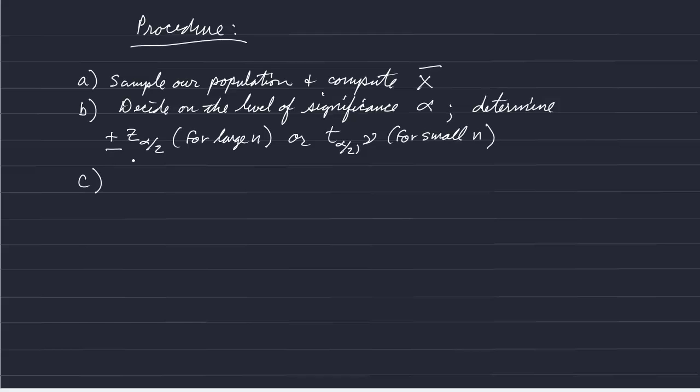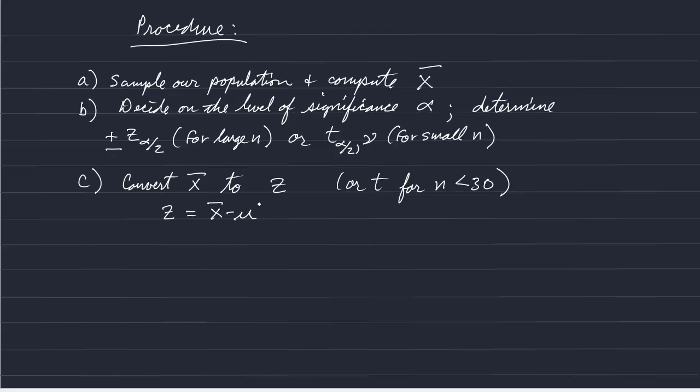The third step is to convert x bar to z, or t for a small sample, say n is less than 30. So we'll compute z for large samples or t for small samples. And recall that z is equal to x bar, and here we're going to compare it with the population we're testing against, the known population.